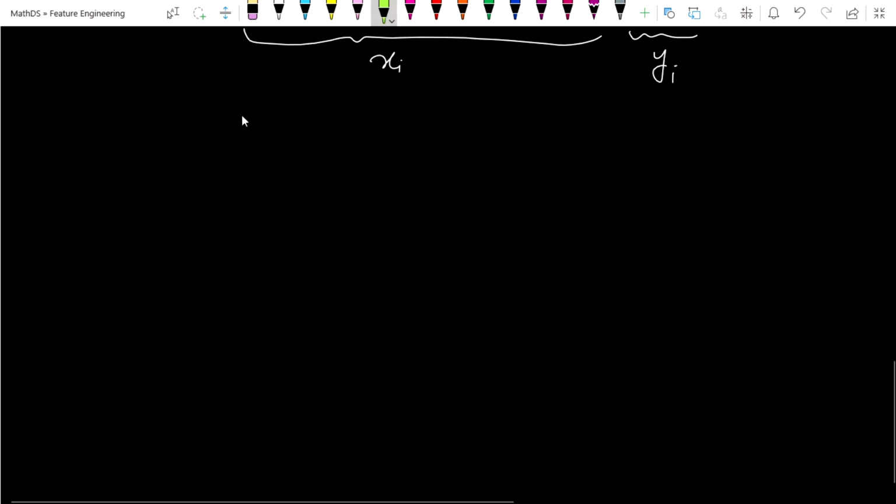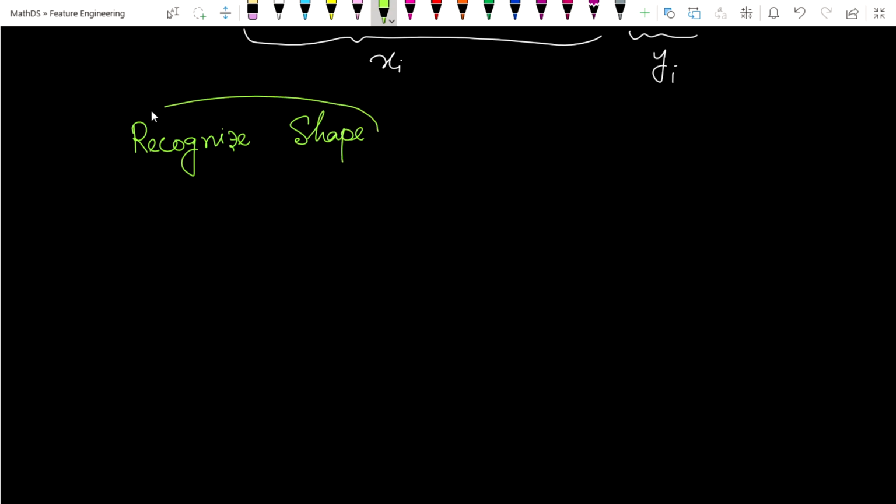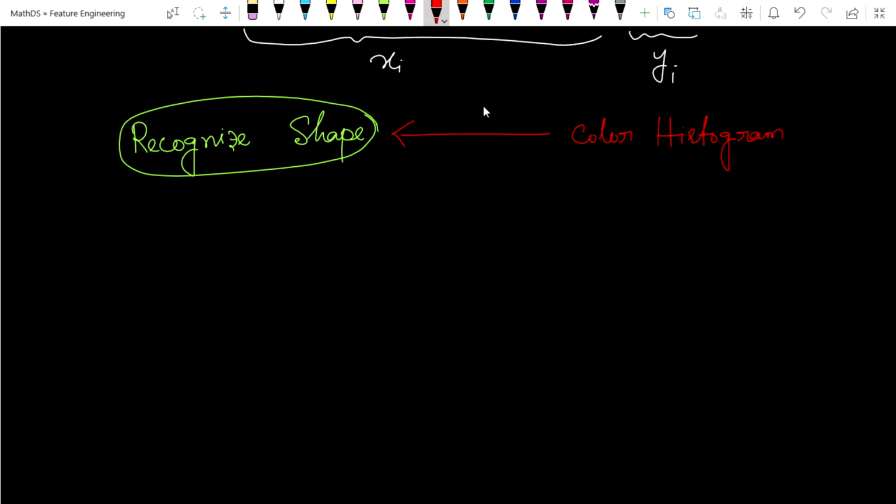If you are interested in recognizing some shape, the color histogram cannot give the answer.